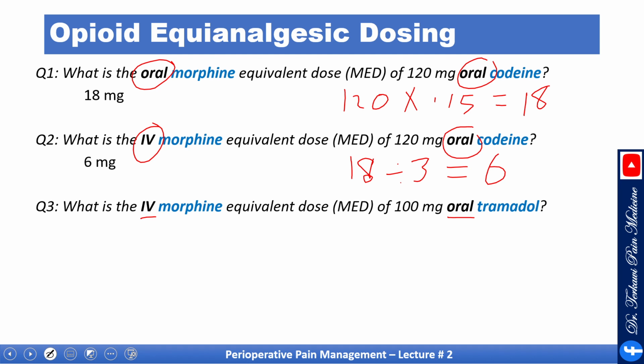So we'll take the 100 milligram of tramadol, and to convert it to oral morphine, we're going to multiply that by 0.1, and this is 10. Then we need to convert that 10 oral morphine to IV morphine. Again, we're going to divide by 3, and this will be 3.3. Okay?